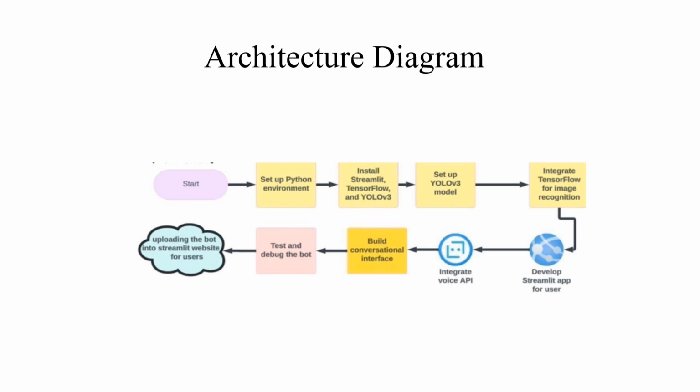And then we integrate TensorFlow for image recognition and develop a Streamlit app for the user, and then integrate an API for various languages, build a conversational interface, and then test and debug the chatbot. Finally, we can upload the image into the bot and get the description from it.